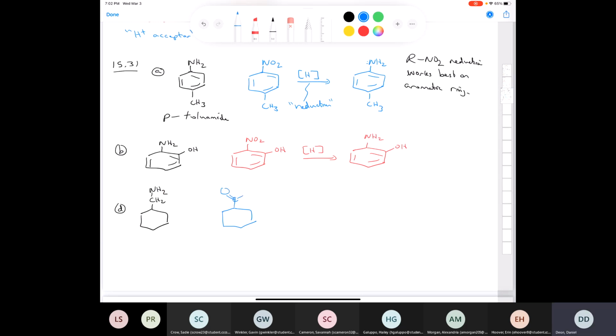If we have a primary amide here, we can reduce that where we burn off the oxygen, so to speak, and replace it with two hydrogens, and then we would end up with CH2 and H2. So reduction of an amide using reduction conditions, or reduction of a nitro on an aromatic ring. All right.